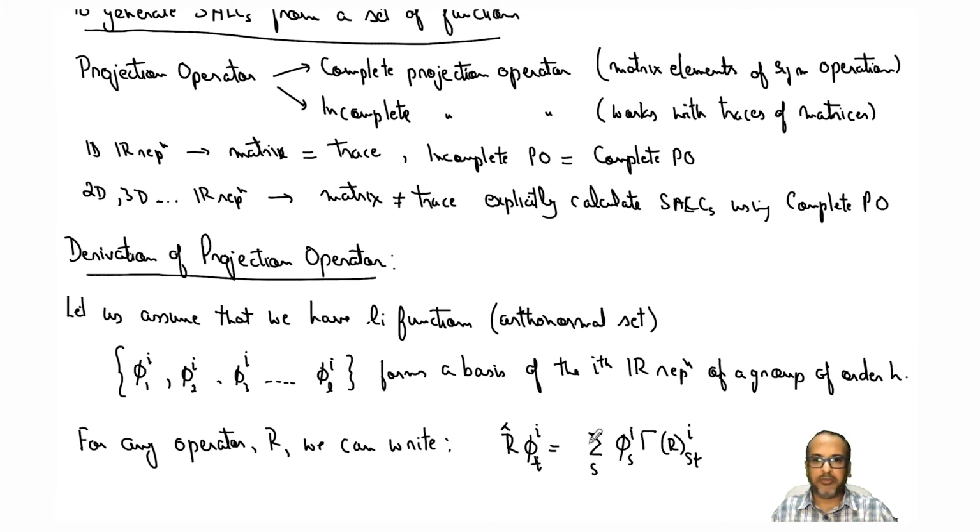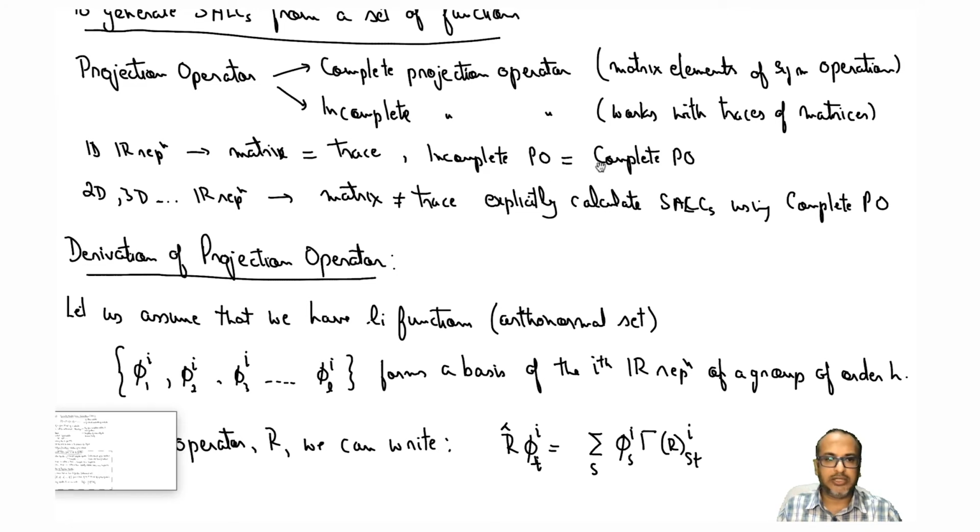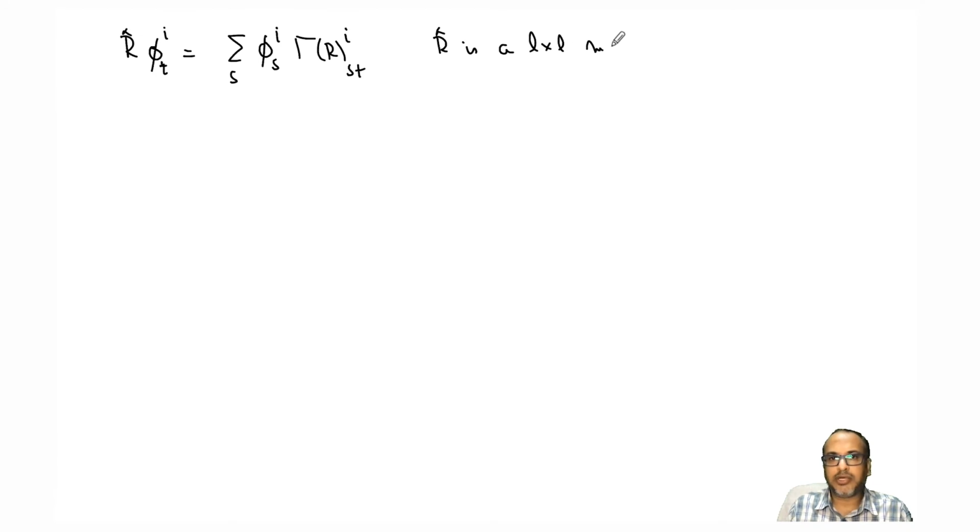So what do I mean by this? Let us see in more detail. R operating on phi_t^i gives me the summation over s of phi_s^i times tau of R, s t, right? In this case, R is an l cross l matrix.